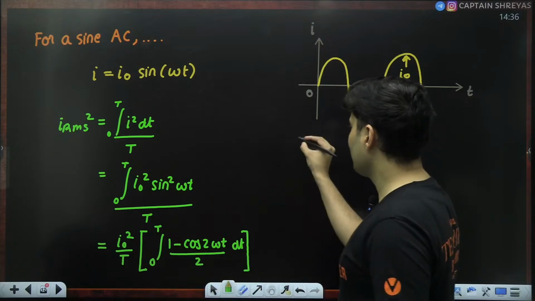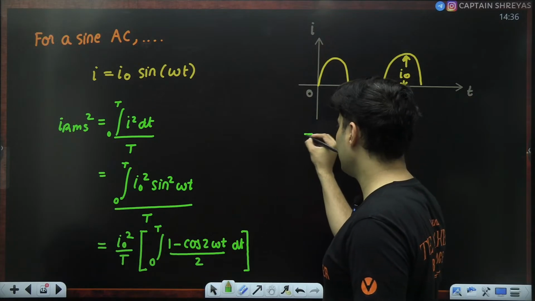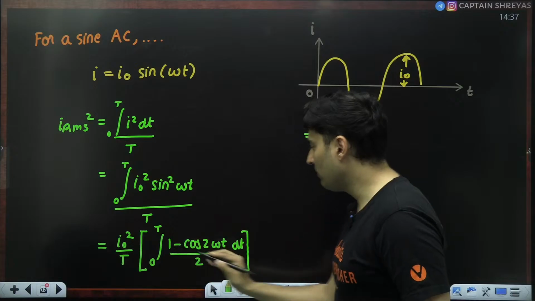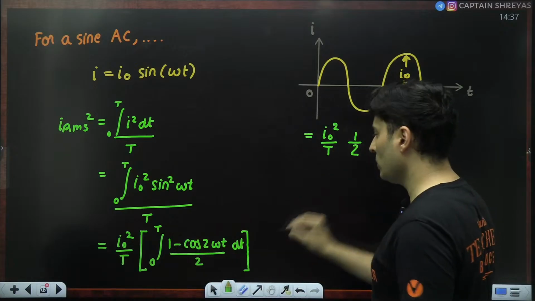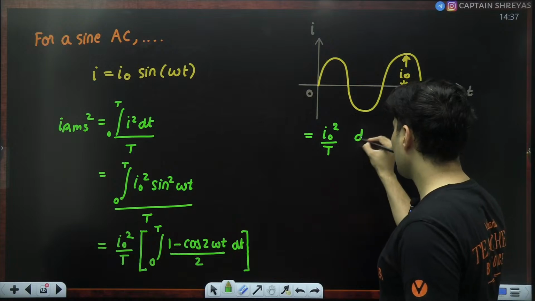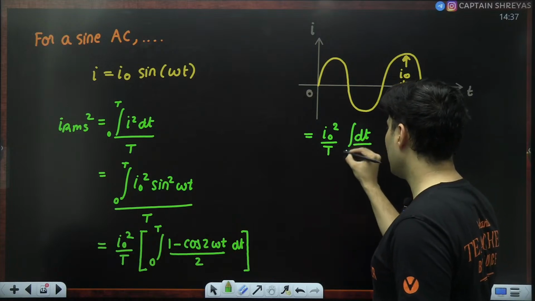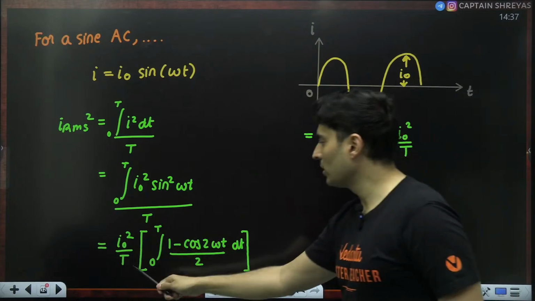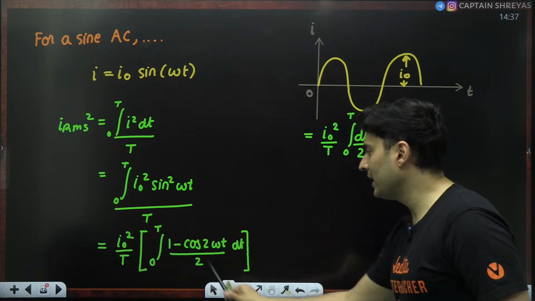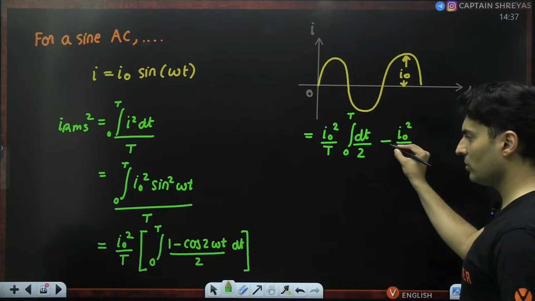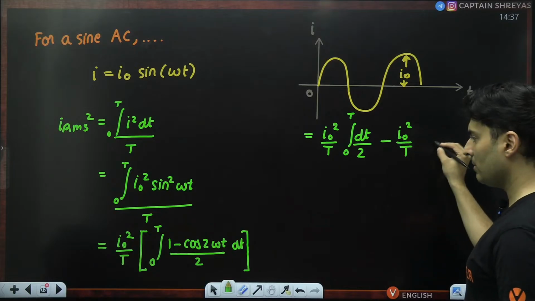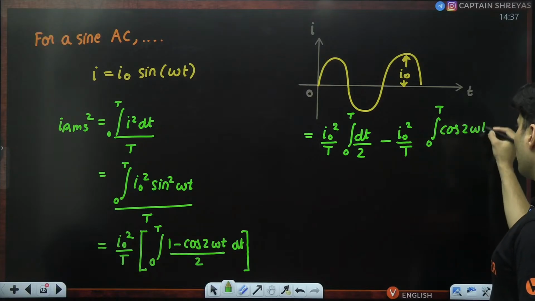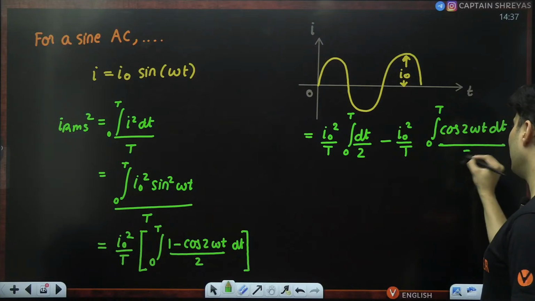I can separate out the terms. So this will become I naught squared divided by T times the integration from 0 to T of dt by 2, minus I naught squared by T times the integration from 0 to T of cos 2 omega t dt, the whole thing divided by 2.